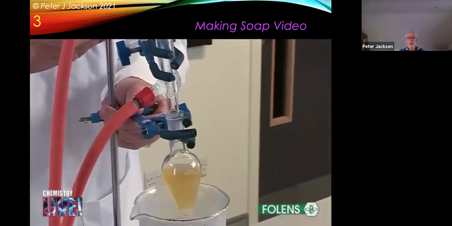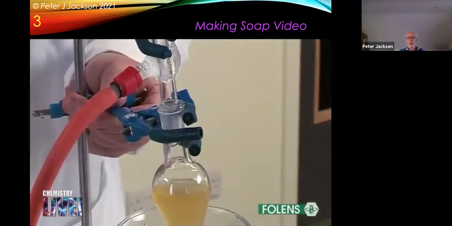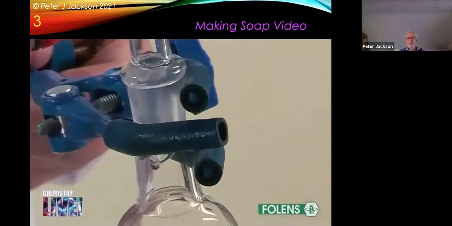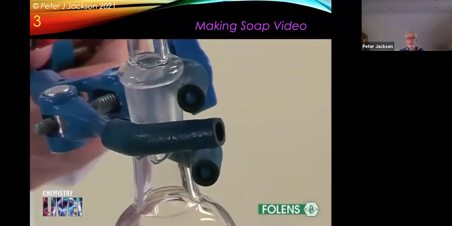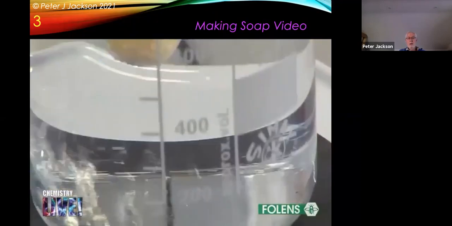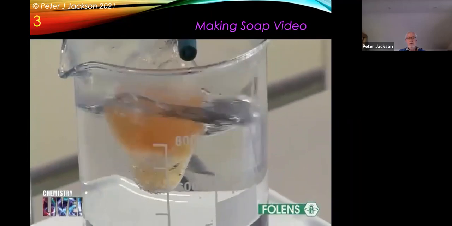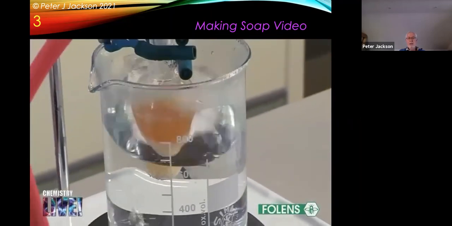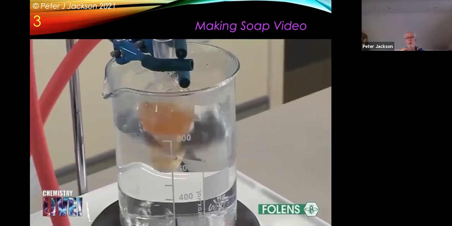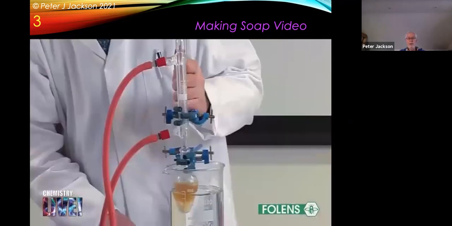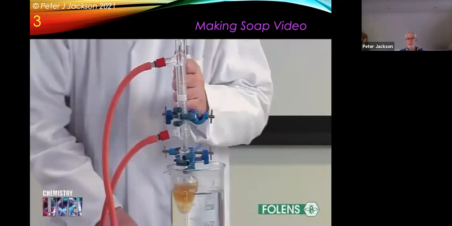That is, it is refluxing. You're shaking it because if any of the salts stick to the side of the flask, that will wash them back down. After the end of the 30-minute period, saponification should be complete.